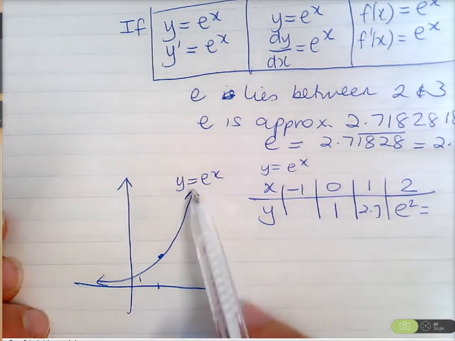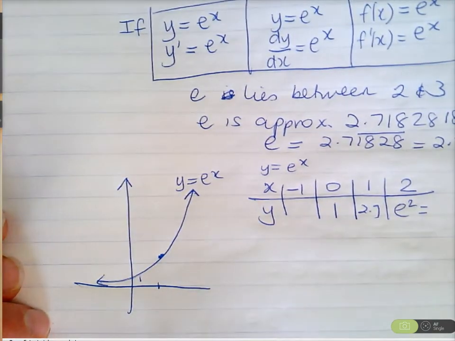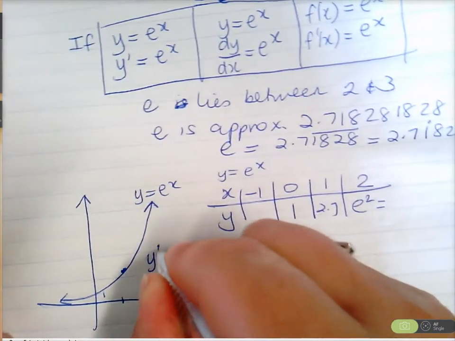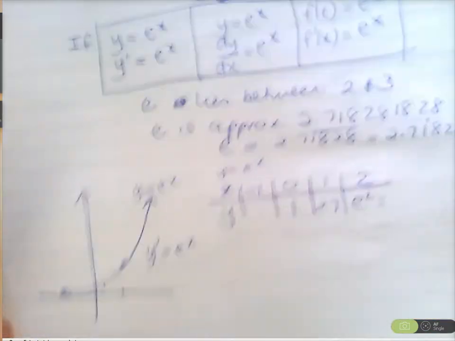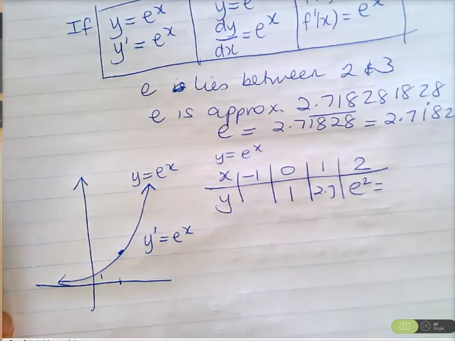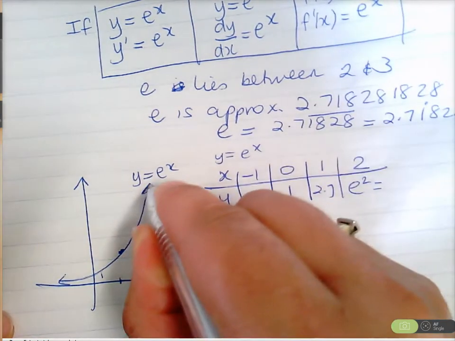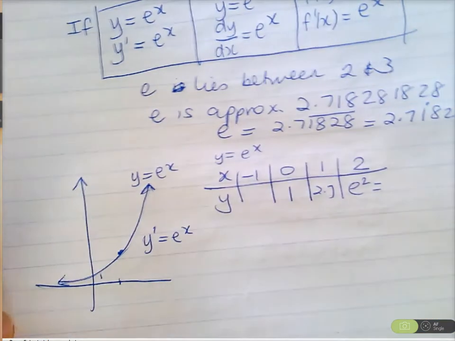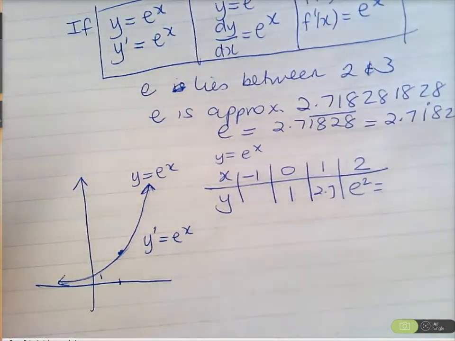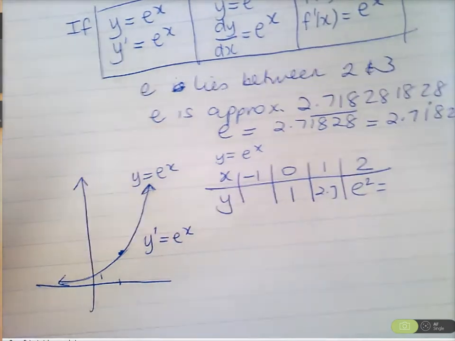But if I was to draw e to the x and the derivative, they're on top of each other. They're the same function. Got the idea? So e to the x is the function, it's also the derivative function. You don't need to copy that. That was just an observation.